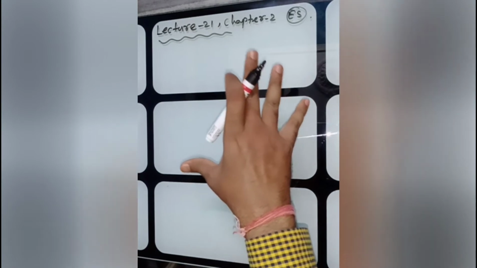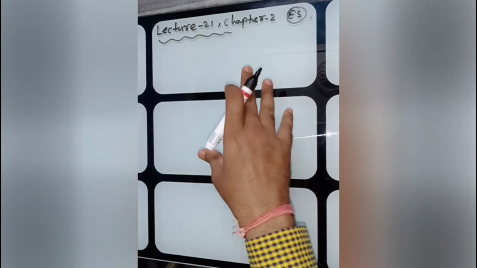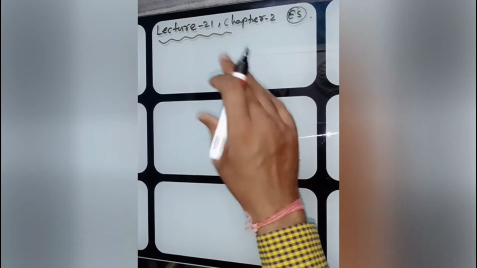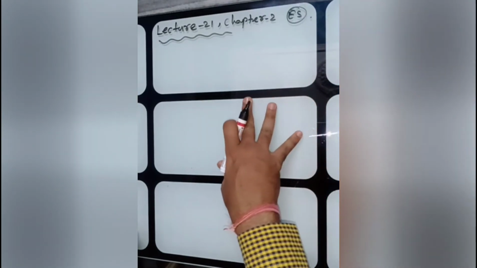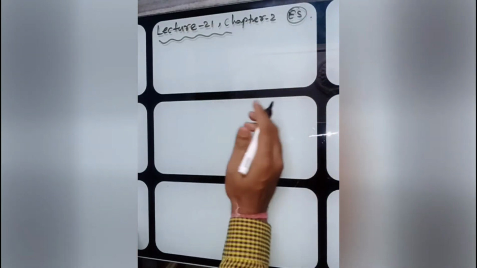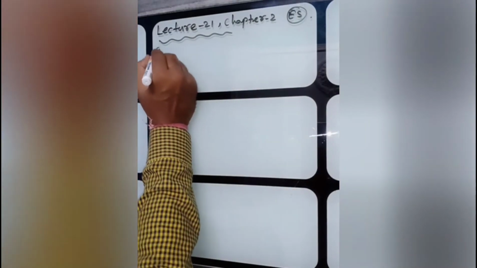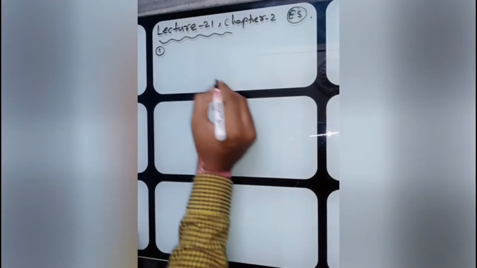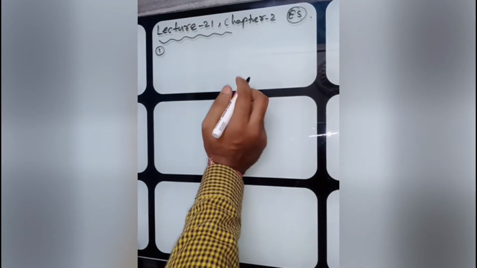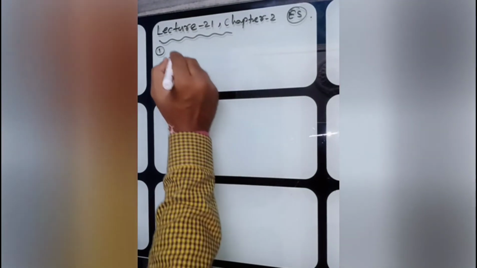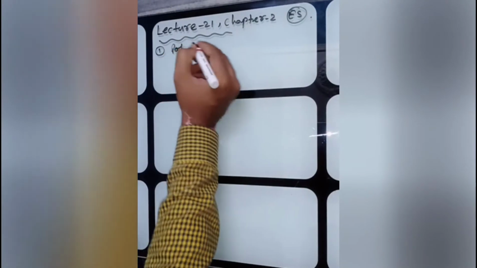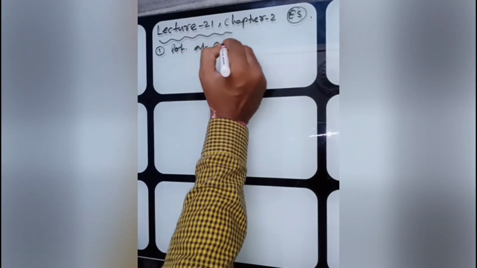You must remember the dipole is a system of two equal and opposite charges separated by a very small vector distance. Now, the first case: we are going to derive the potential due to a dipole at an axial point. Potential at axial point.